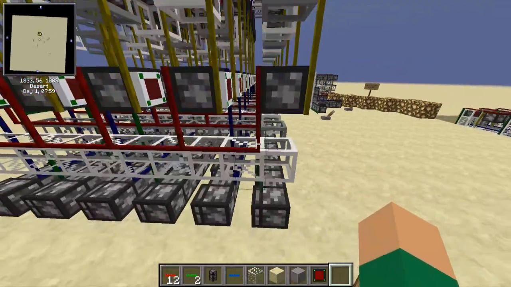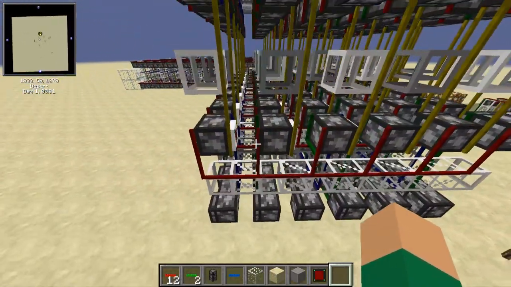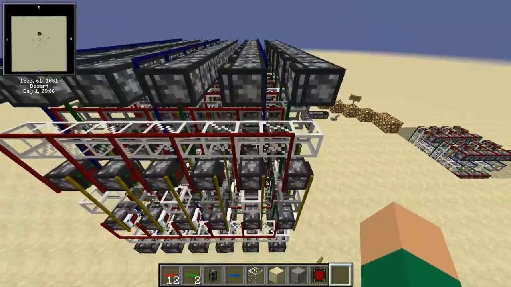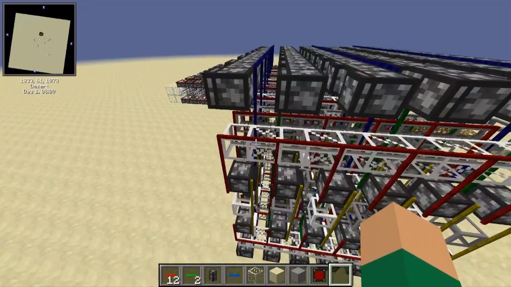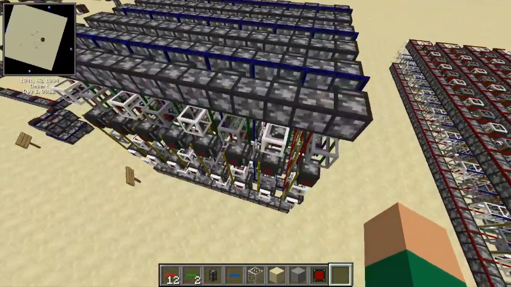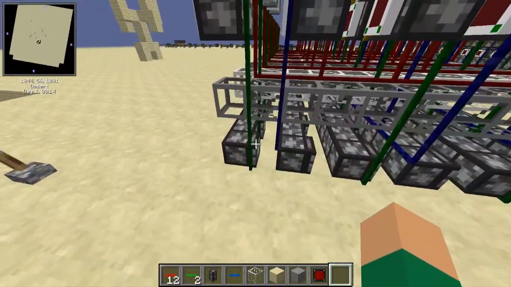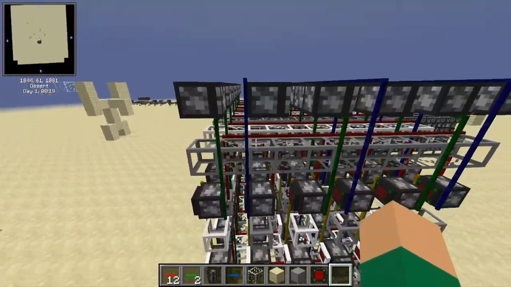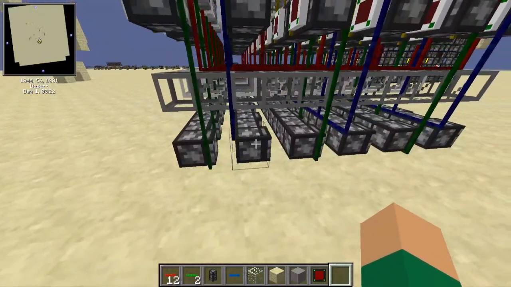Alright, so if I just go through it, I'll show you the way it works. There's the yellows, another red one. Then on the other side I can show you the blue ones and the green ones. There's the green ones and another green one. And there's a blue one and another blue one.